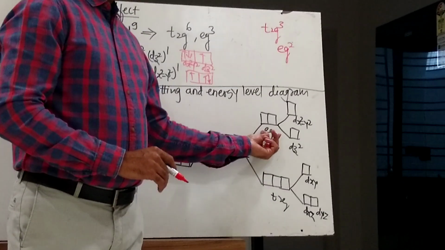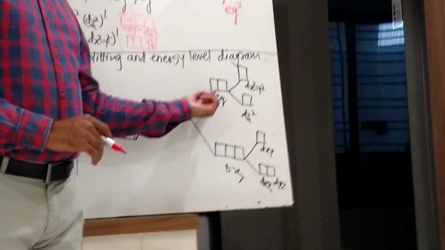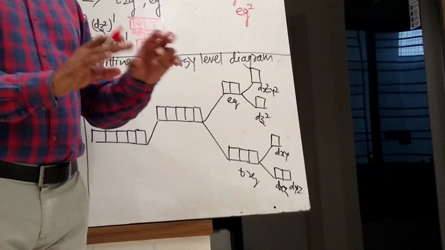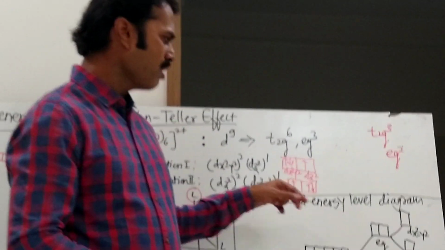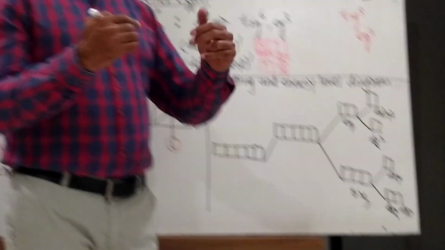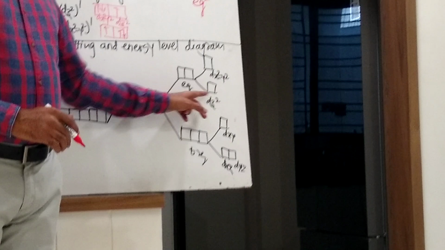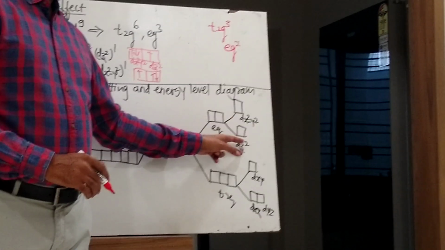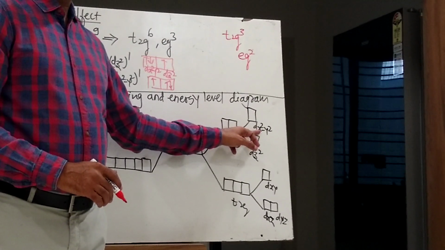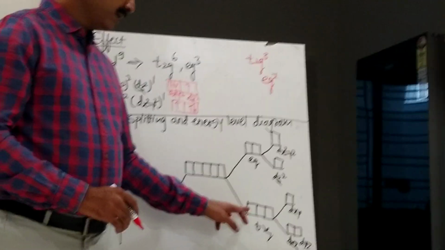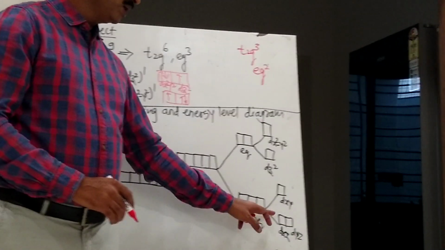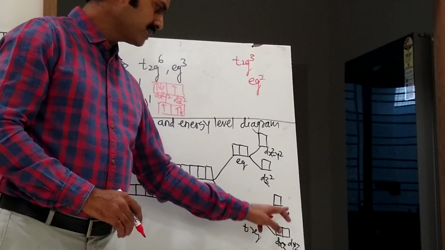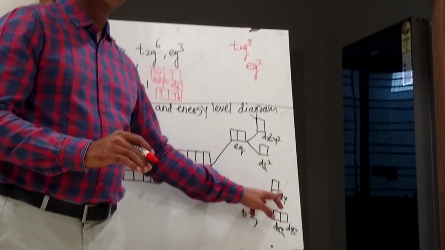But after this splitting, the two eg orbitals are not equal in energy, because the interaction along the z axis is less, and therefore it is associated with lower energy. So the two eg orbitals further divide into two parts, dz2 and dx2-y2. Similarly, out of the 3 t2g orbitals, 2 are associated with lower energy and 1 with higher energy.